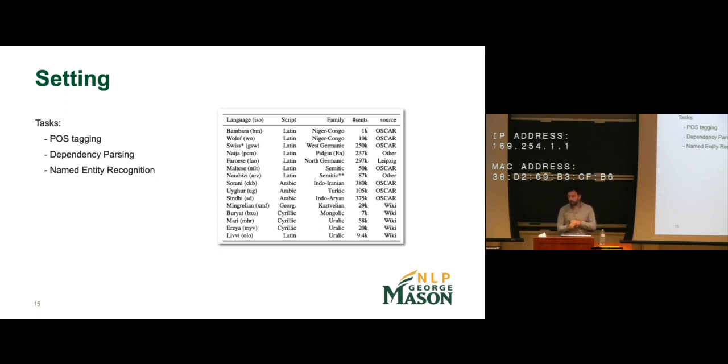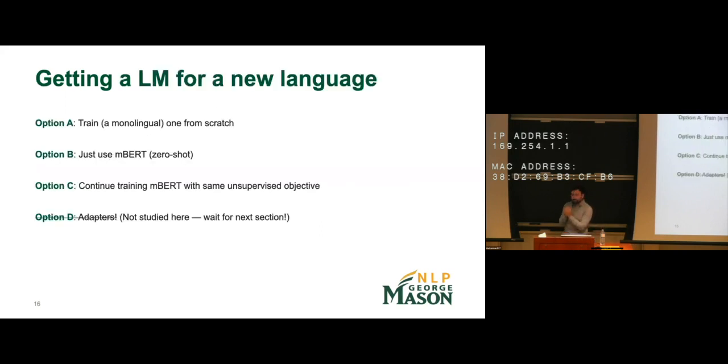Then we're going to see how we can categorize languages. So how can we get a language model for all of these languages? Here's option 1. We can use whatever text data we have in these languages and train a monolingual language model, say a Faroese BERT or a Maltese BERT.